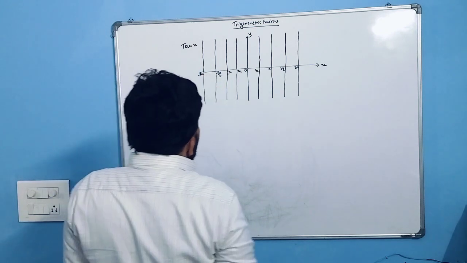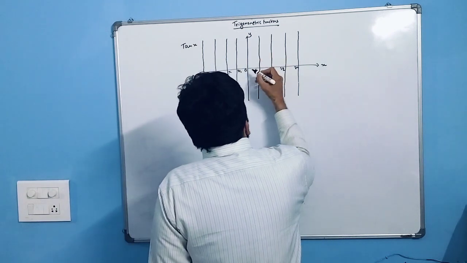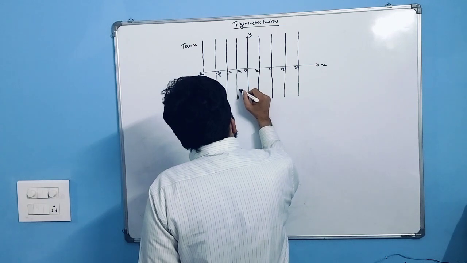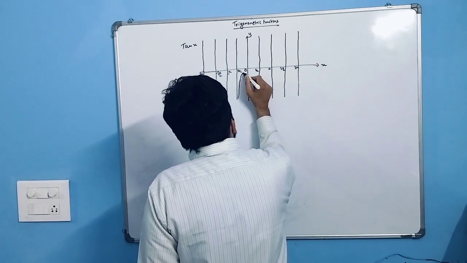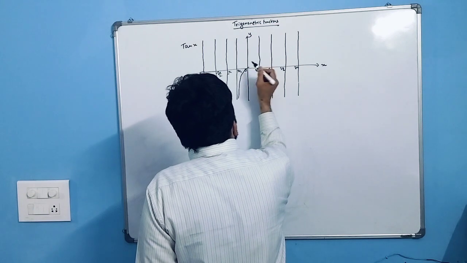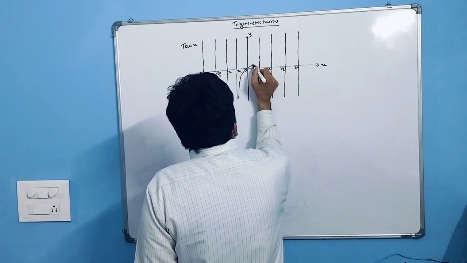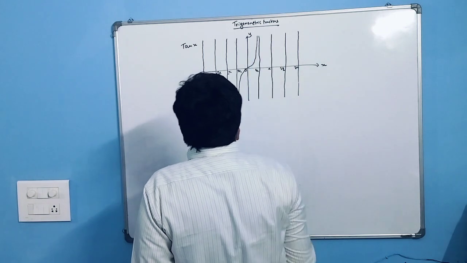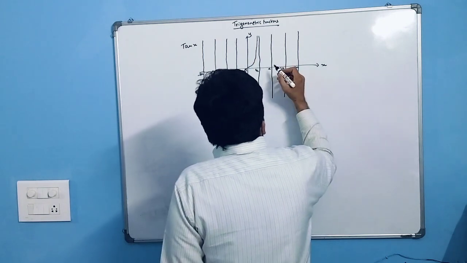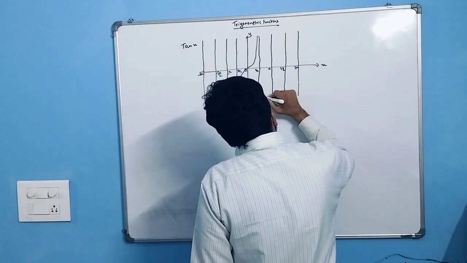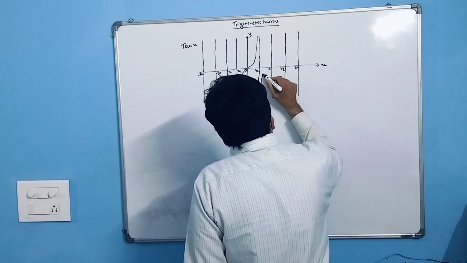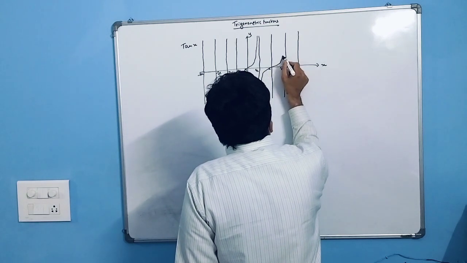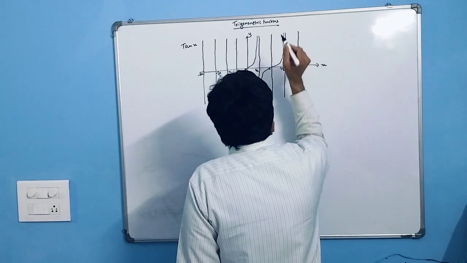Okay, and now how do you make it? It will be something like this, or something like to be drawn like this. Okay, so next one will be like this. This one.